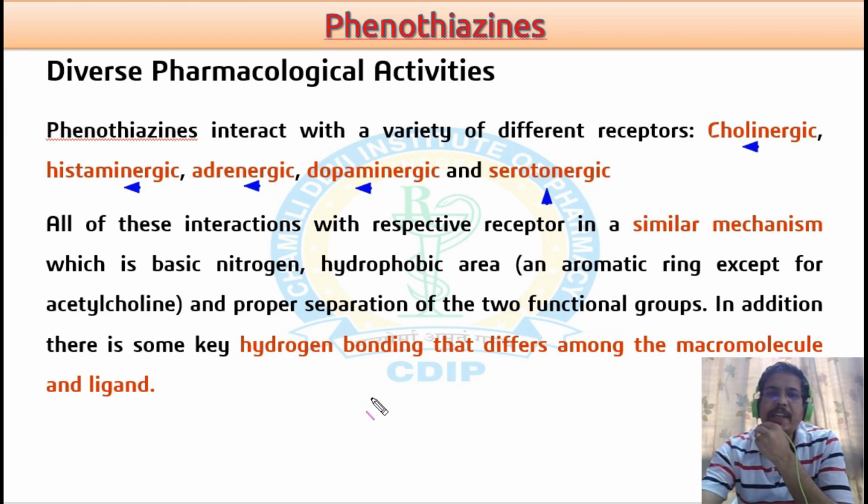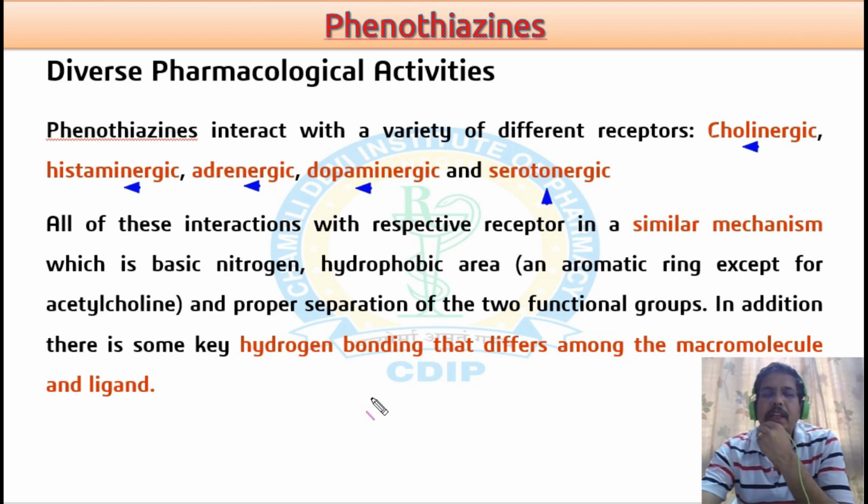diversified antagonist activity, as well as some peculiarity which gives some derivatives the selectivity towards cholinergic receptor or towards histaminergic receptor or towards adrenergic receptor or dopaminergic receptor or serotonergic receptor, which depends on the hydrogen bonding interactions of the ligand with the respective macromolecule.